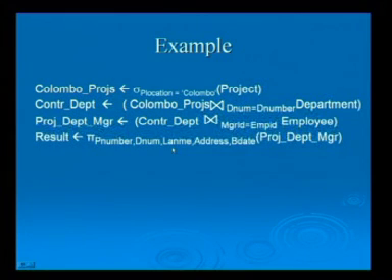So, we combine this controlling department relation with the employee using manager ID, and we get the manager in each department with respect to the projects located in Colombo, and then from that we project project number, department number, last name, address, and birthday to get the final output.